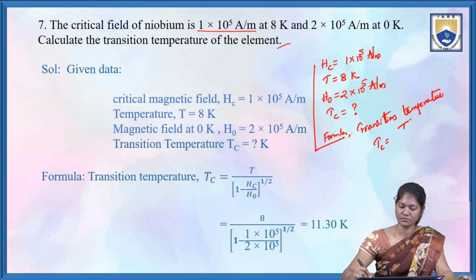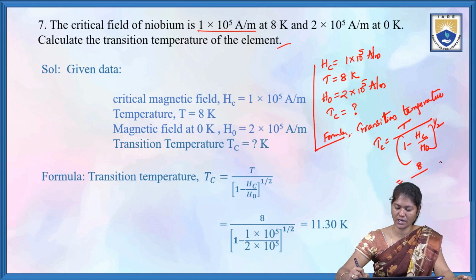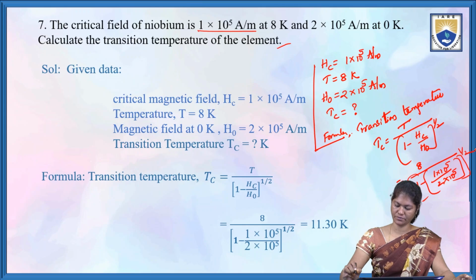Tc is equals to T by 1 minus Hc by H naught, whole power 1 by 2. So it is equals to 8 by 1 minus 1 into 10 power 5 divided by 2 into 10 power 5, power 1 by 2.